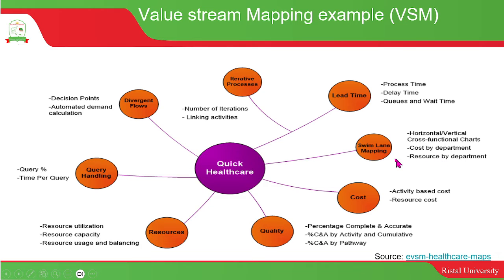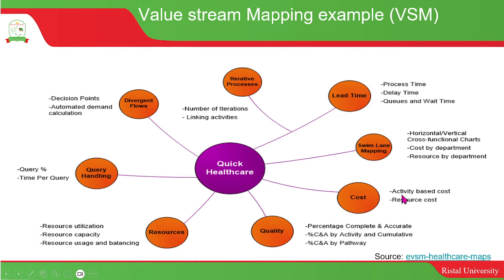The swim lane mapping is basically an analysis that gives us a measure of what cost is needed per each department to be able to execute the pathway. If we take the pharmacy first of all, what cost do we need there? If it is the laboratory, if it's a consultation. So swim lane mapping is looking at cost effectiveness.